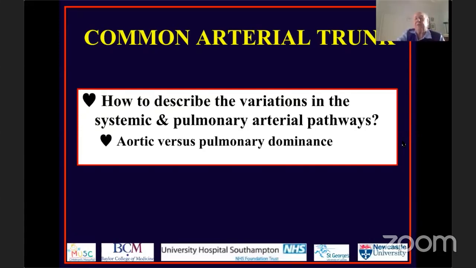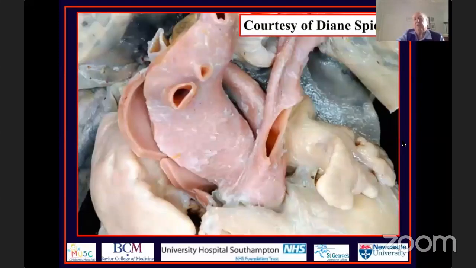So we now prefer to describe what's going on by taking this notion of aortic as opposed to pulmonary dominance. It's my good friend and colleague Richard Van Praagh who, a long time ago, in 1966, in one of his first papers on this entity, suggested that this lesion could indeed be described in terms of aortic as opposed to pulmonary dominance.